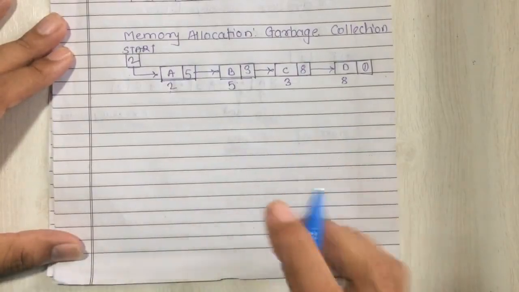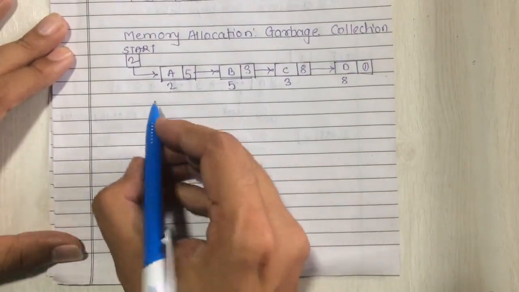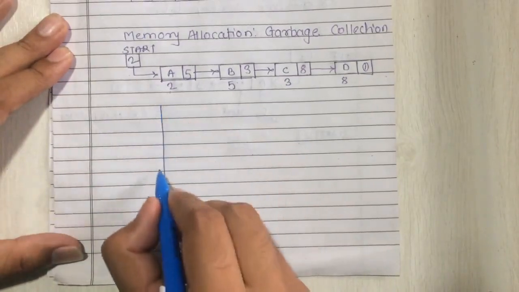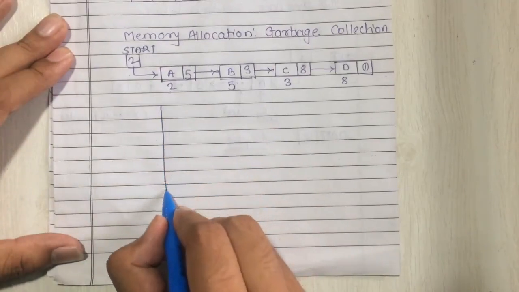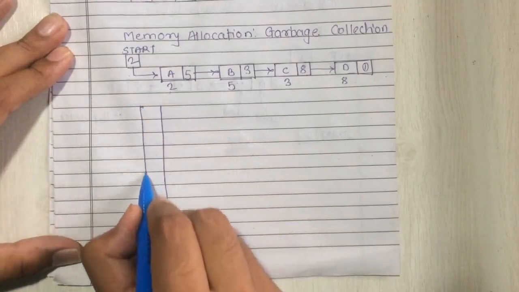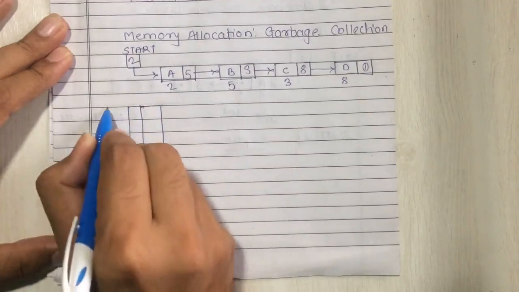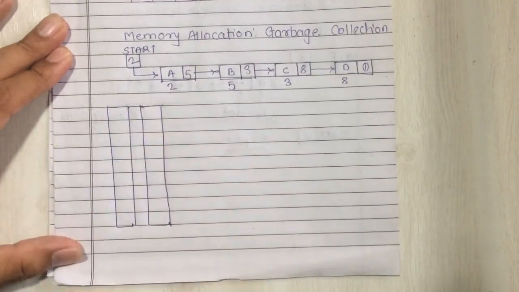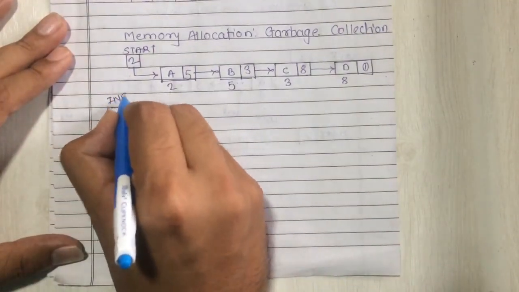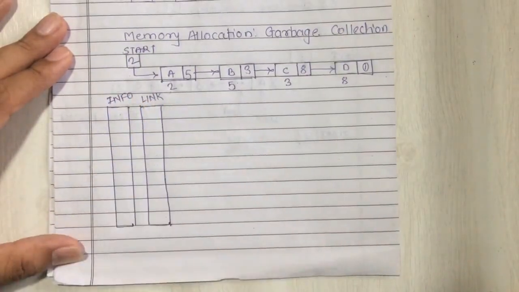Again, how is it represented in memory? To represent a linked list in memory, we use 2 linear arrays. Okay, so these are 2 linear arrays. The first array is used for info, to store the information of each node, and the second one is link, which holds the address of the next node.